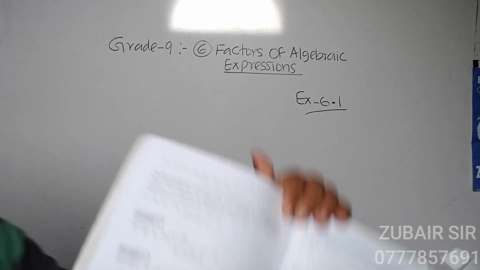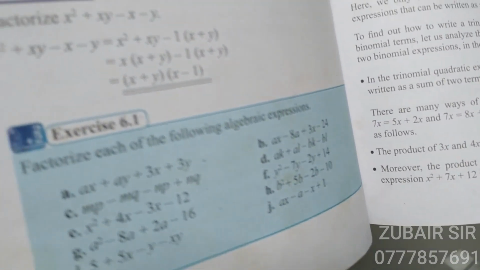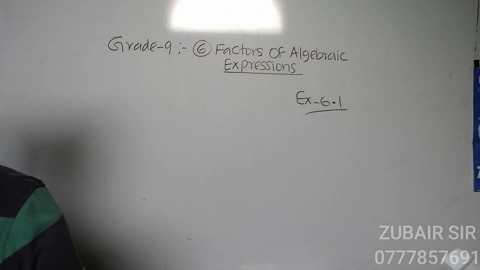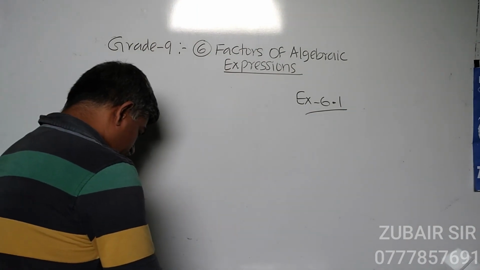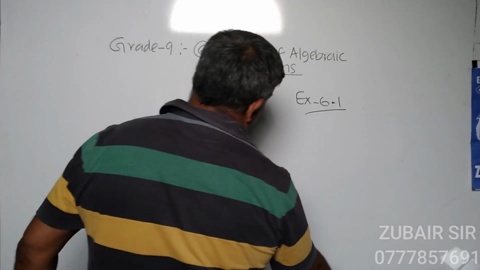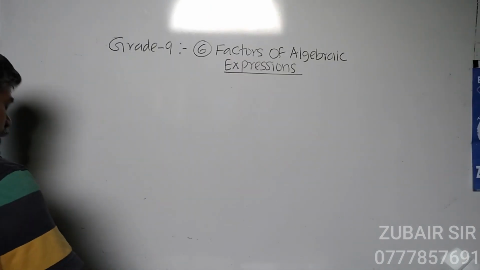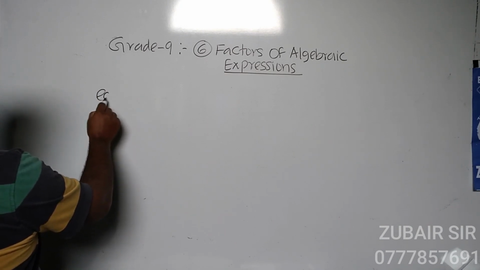See, in your book, exercise 6.1 can be done by using this system. Okay. Then we'll see another system. Now we are getting an equation as a trinomial expression.